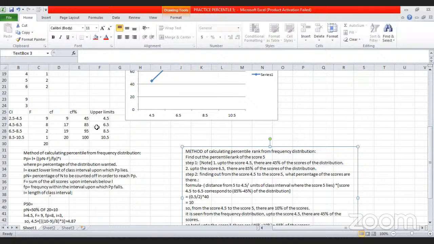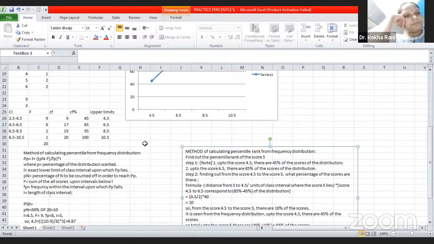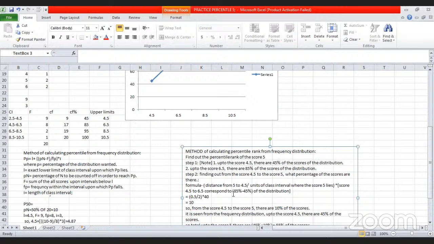That means 85% minus 45%. Is it clear or may I have to repeat it? Clear, ma'am. Okay. So that will be 0.5 divided by 2 into 40.